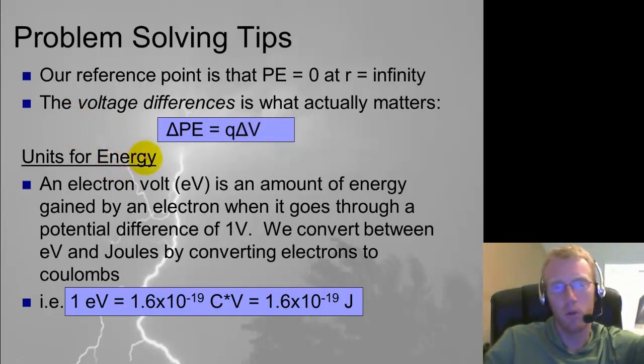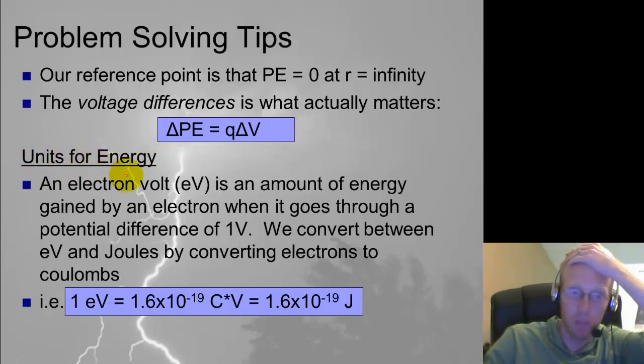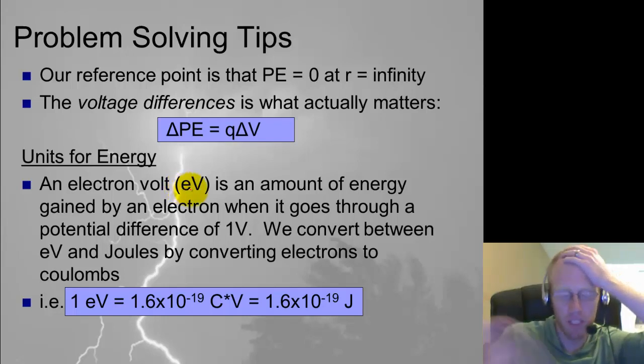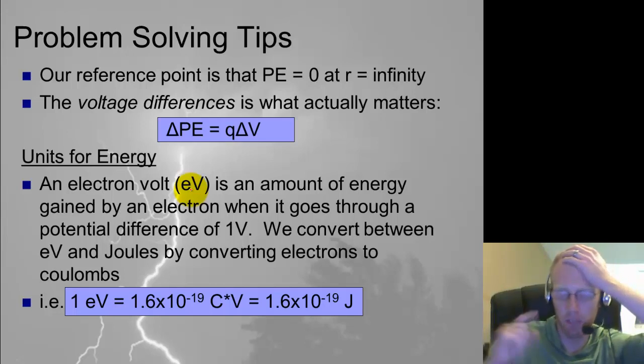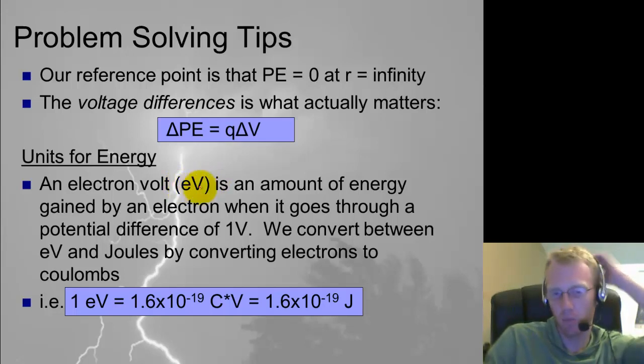Alright, so the units for energy, it's kind of a different topic. Units for energy are joules because they're energy, but typically it's good to have this conversion factor between electron volts. So if you move a single electron through a potential difference of exactly 1 volt, it will gain an amount of energy equal to 1 electron volt, which is kind of convenient.